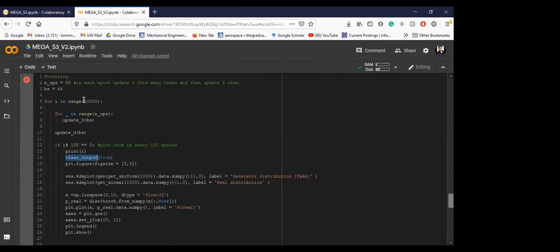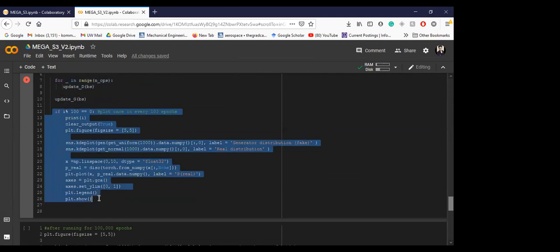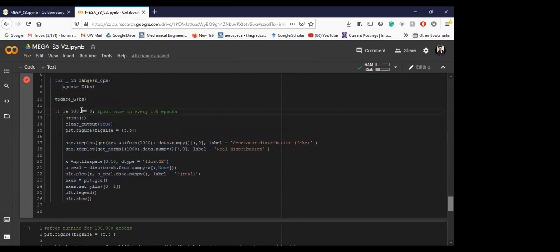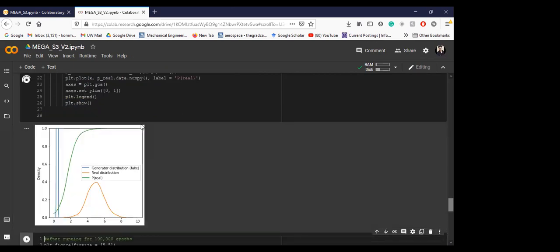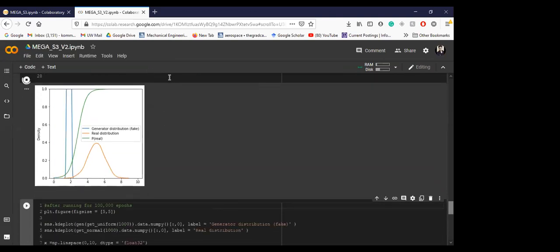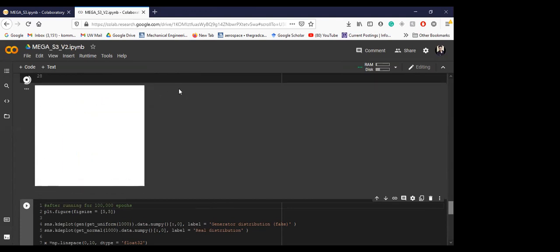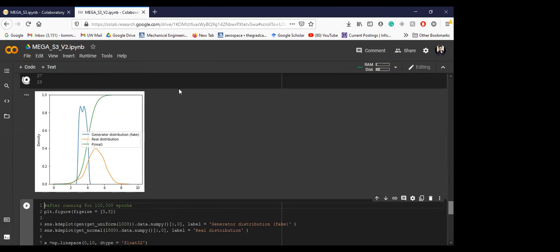So right now I'm basically saying I have 10,000 epochs, and I'm updating things and plotting things, dynamically plotting for every 100 epochs. So let's see what the output should be. Okay, each update shows how the models are learning after 100 epochs.